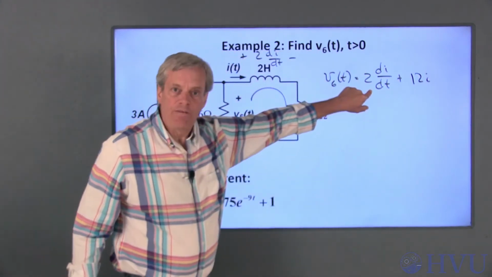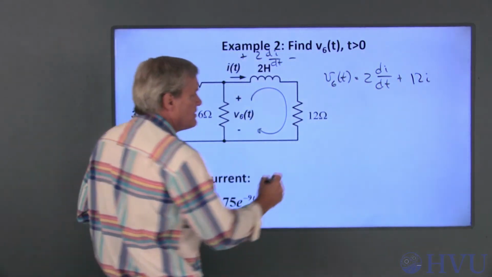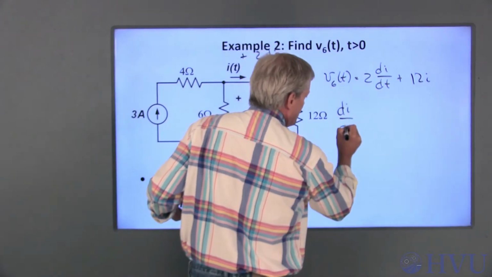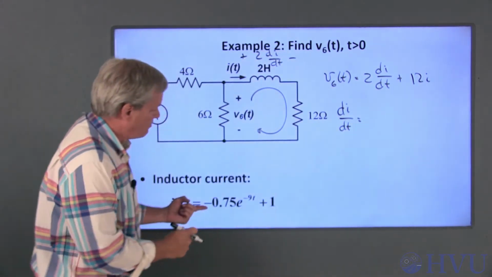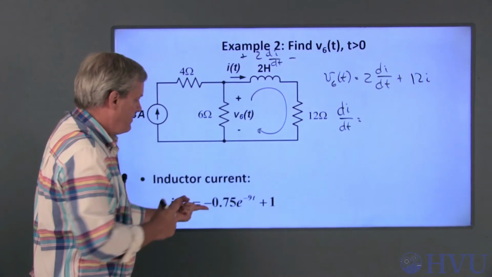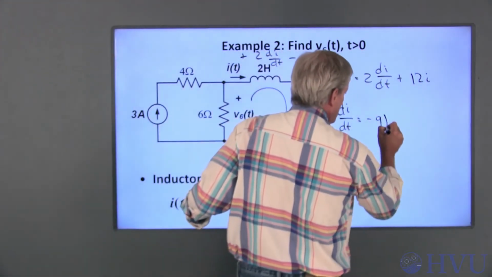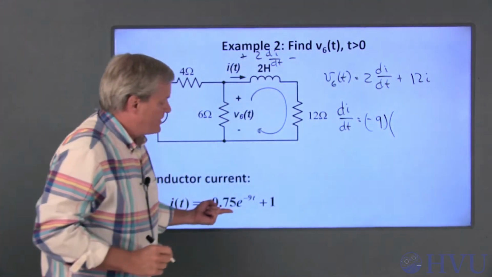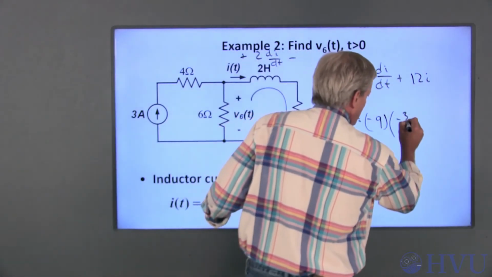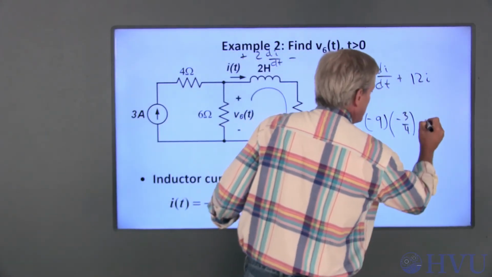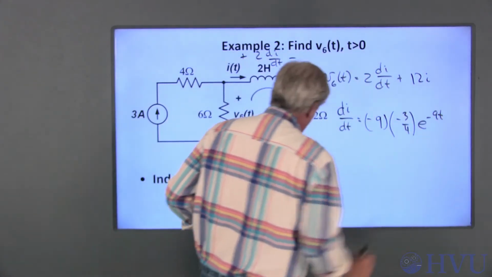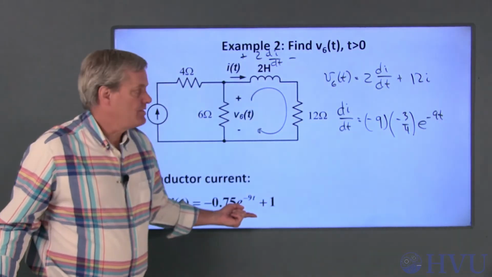I need the derivative of current with respect to time, so taking the derivative of this expression, di/dt is equal to: I multiply by negative 9, so negative 0.75, which is the same as negative 3 over 4, e to the minus 9t becomes positive 27 over 4 e to the minus 9t, and the derivative of 1 with respect to time is 0.